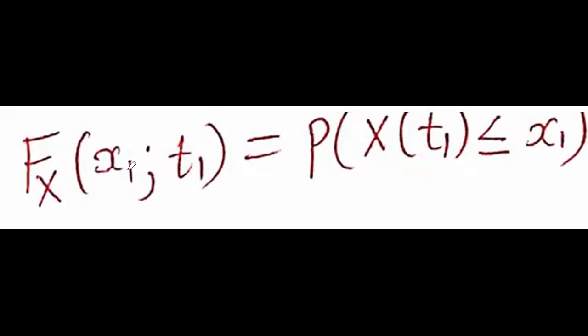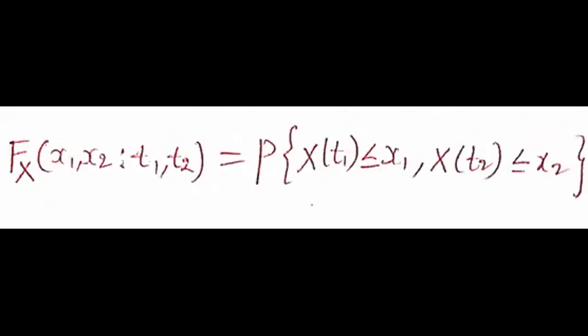And this is the case for only one random variable. For example, if you extend this distribution function to two random variables, how is the equation going to look? This is the equation to calculate the distribution function for two random variables.